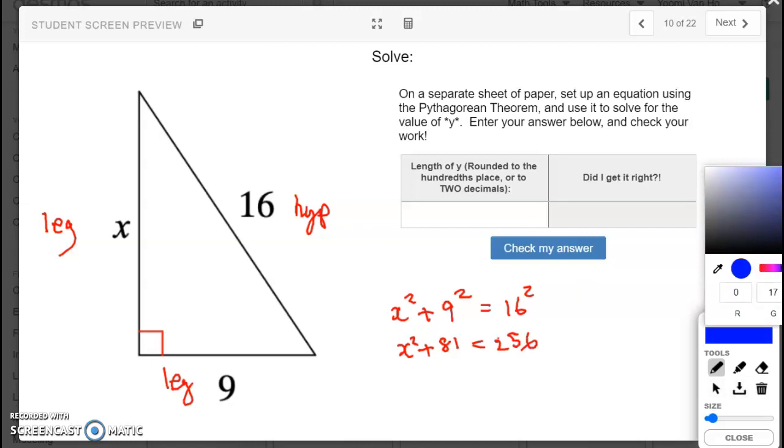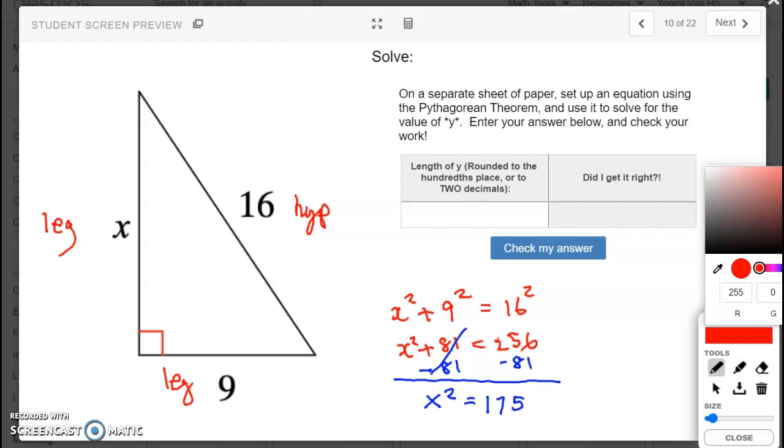Okay, remember when you had 2x plus some number is equal to 256, to figure out what value of x is, we need to undo, we need to go backwards. When we're going backwards, we add and subtract first. So we are going to subtract 81 from both sides. When I do that, that becomes 0, and you are left with x squared on the left-hand side, and 256 minus 81: 6 minus 1 is 5, 15 minus 8 is 7, so 175.